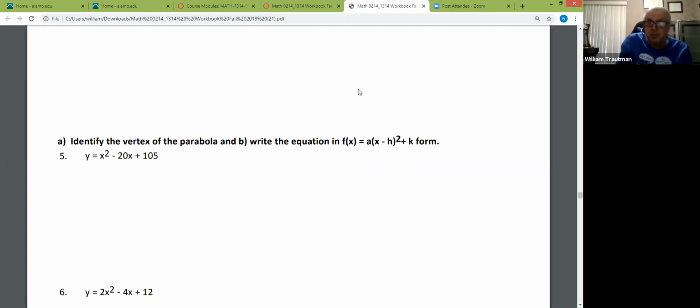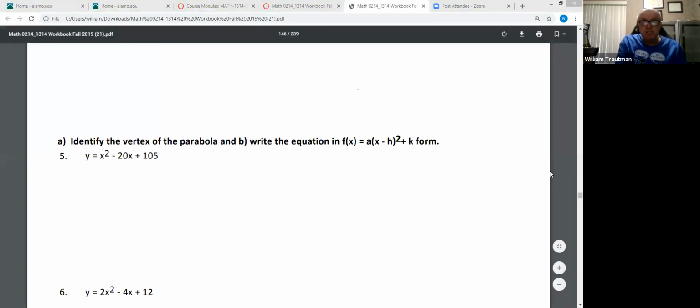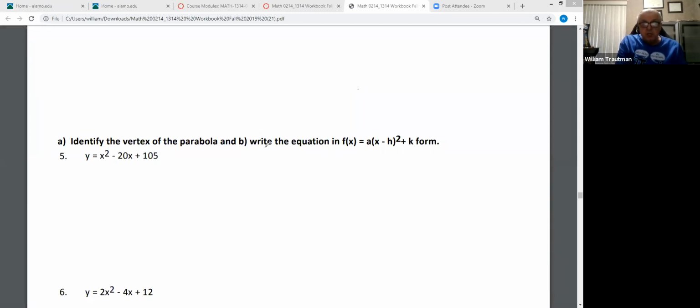There's a couple of ways of doing this particular problem. This is how I want to approach it. For vertex, I'm going to put the little notes over here. The vertex always has the x value and the y value.